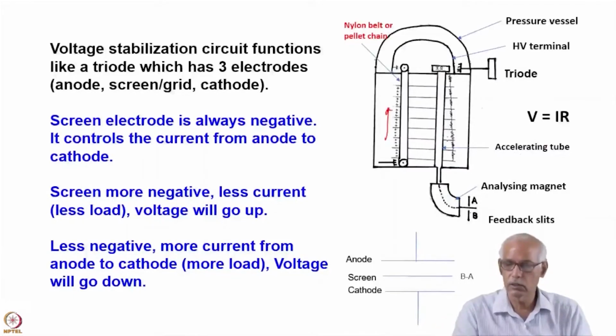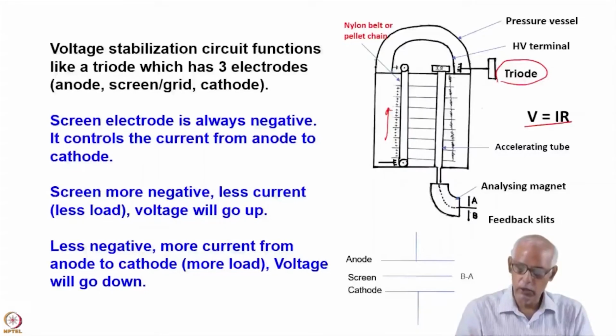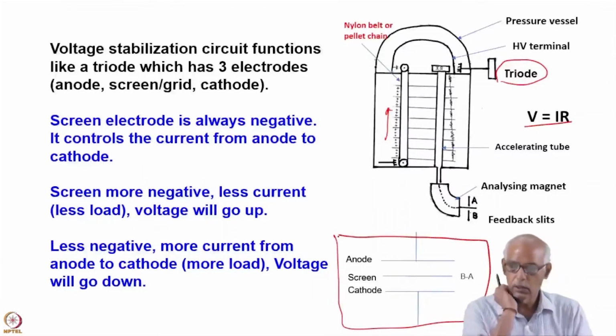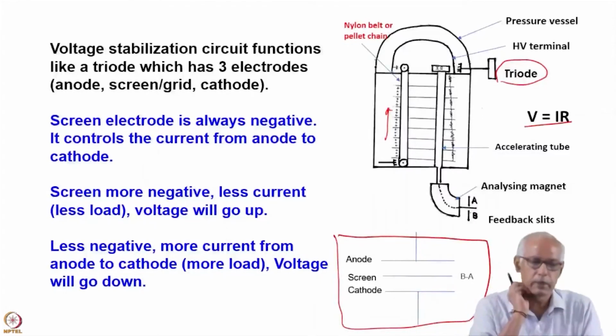You can see this is the accelerating tube, and this is a resistor chain which establishes the voltage gradient here, and this is the corona stabilization system, which is basically nothing but the triode, and it's shown here. You can see this is the corona stabilization triode system. How it works, let me explain it.